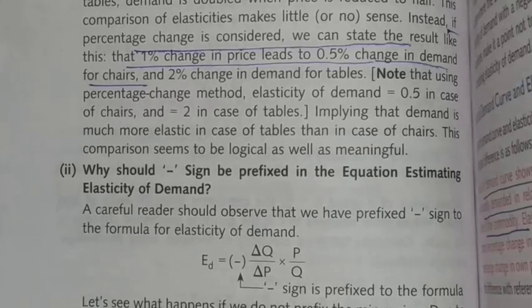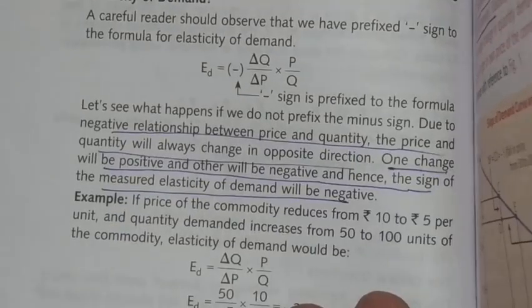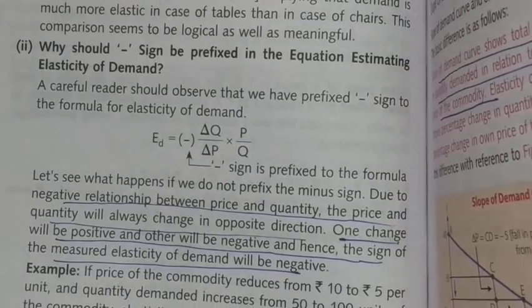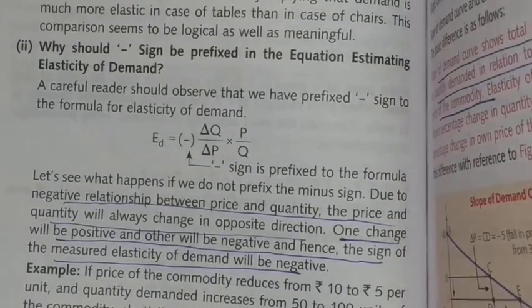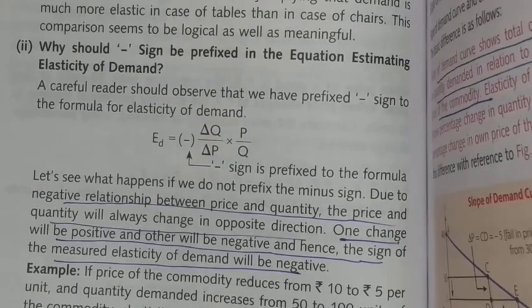And why should the negative sign be prefixed in the equation? Because demand and price have an inverse relationship. When one increases, the other decreases. Both go in different directions.